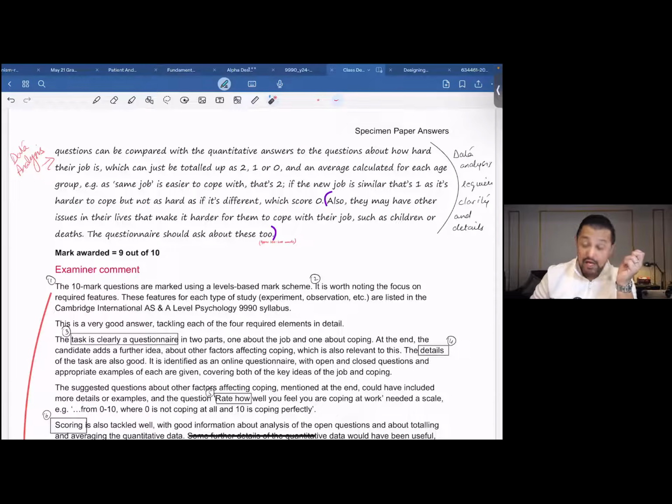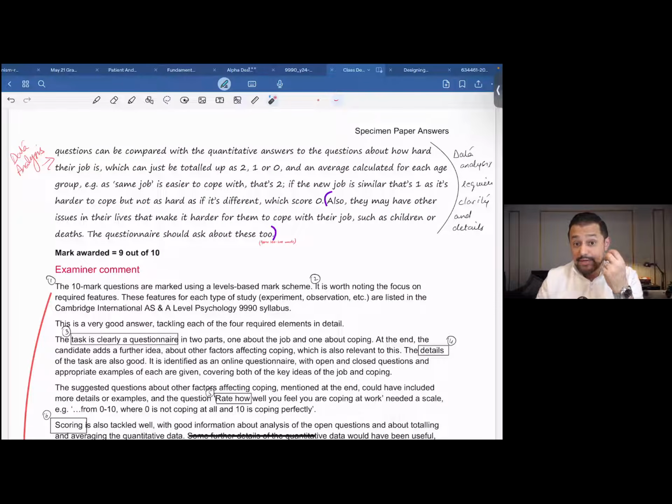Again, we're talking about quantitative data being collected and qualitative data being collected as well, and then this data being compared. Not only is it about comparison, but look at this part as well. The answers can be compared with the quantitative answers to the question about how hard their job is, which can just be totaled up as 2, 1, or 0.